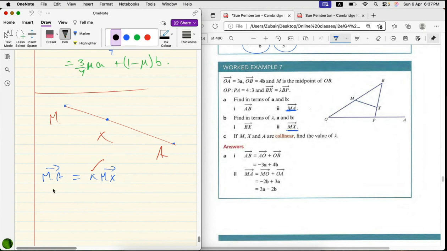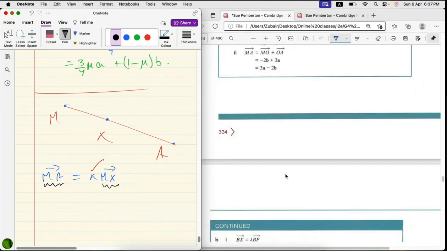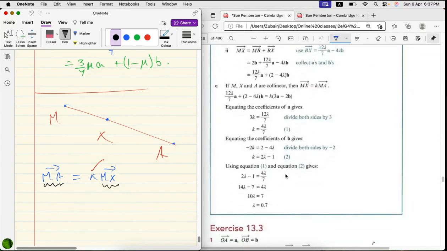So now we can just substitute MA, which is already done, MX, which is already done, and then compare left hand side coefficient of A with right hand side coefficient of A and B, in that order. We'll get equations and solve for the unknown. See, MX equals K times MA.